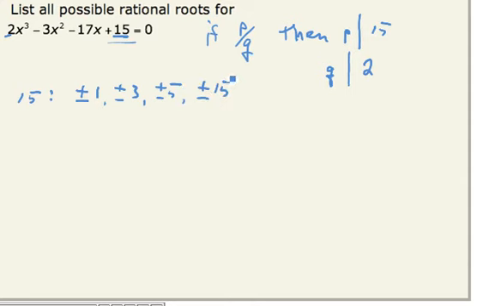Those are the only whole numbers which divide into 15. The numbers which divide into 2 are plus or minus 1 and plus or minus 2. A much shorter list.